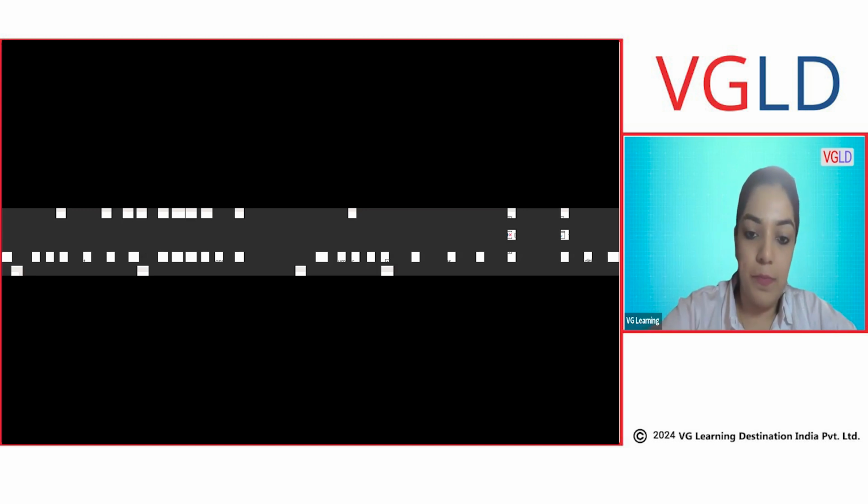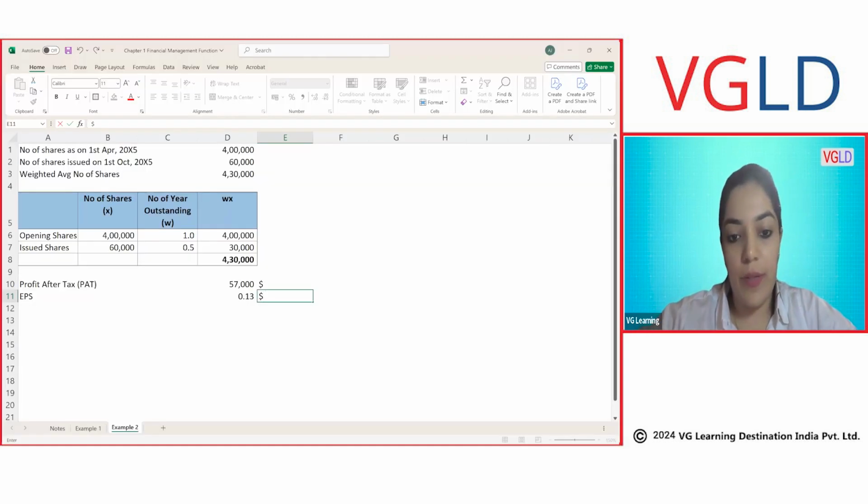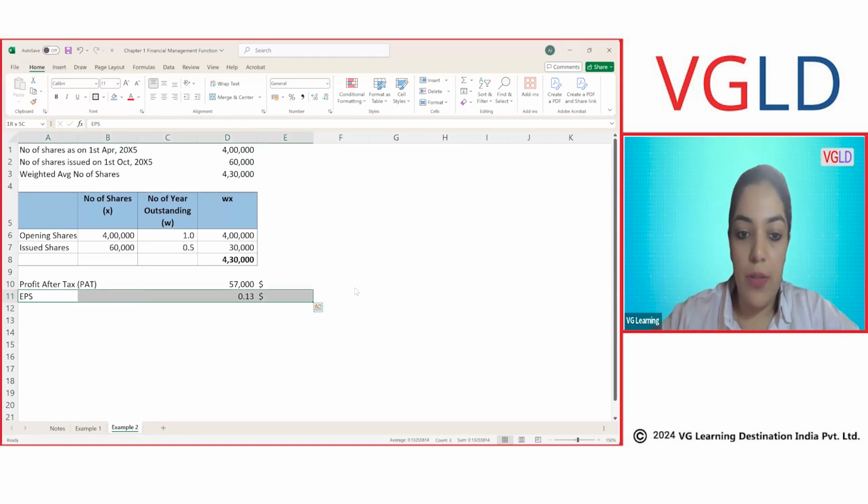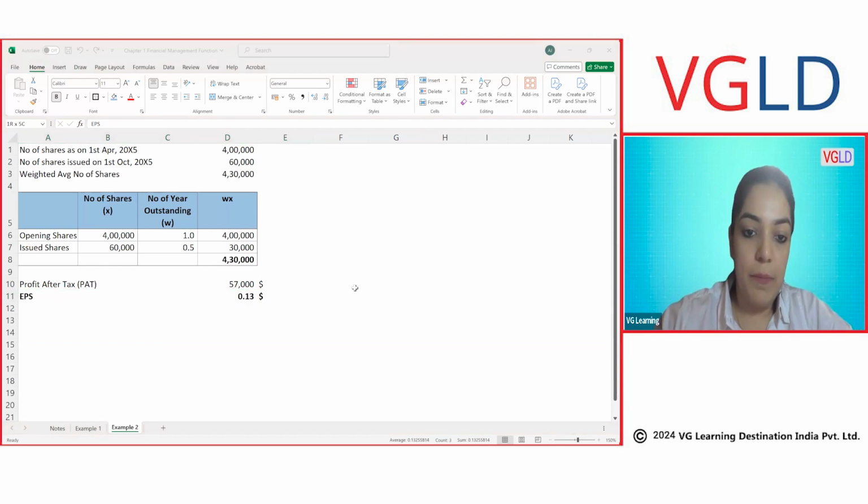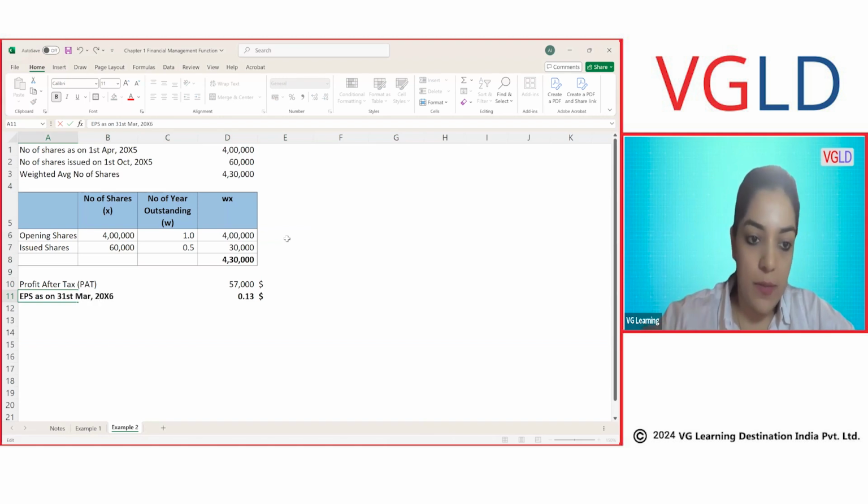That is $0.13 per share. This is in dollar terms. Okay. This is EPS as on 31st March 2016.